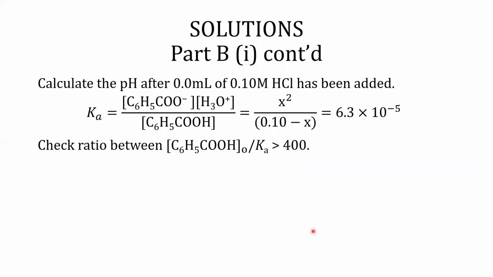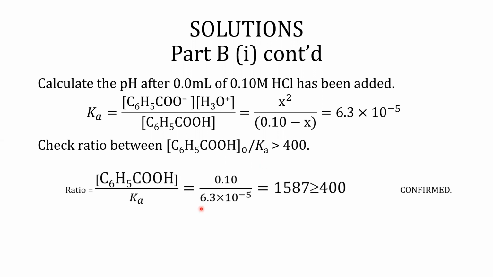To determine if X is small, we need to take the ratio between benzoic acid's initial concentration and Ka to determine if it is greater than or equal to 400. It turns out that the ratio equals 1587, which is greater than 400. So the assumption that X is small is confirmed.